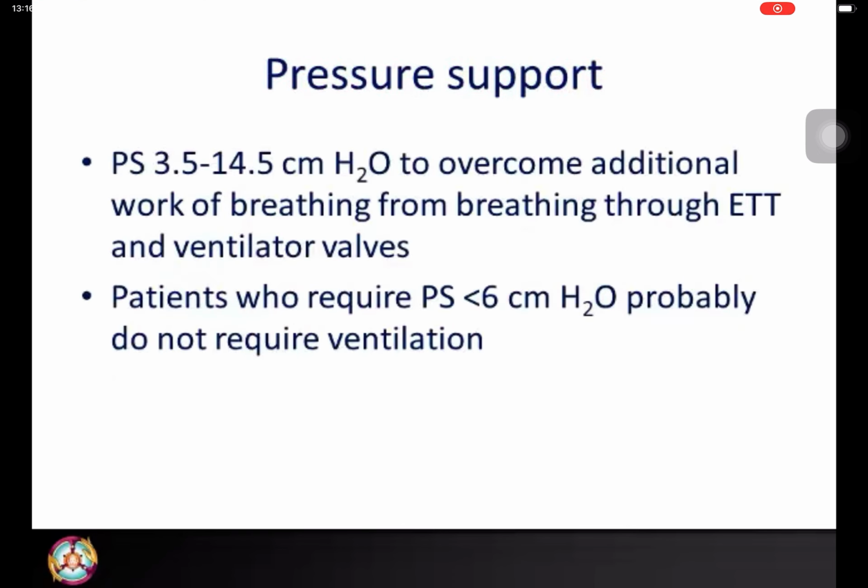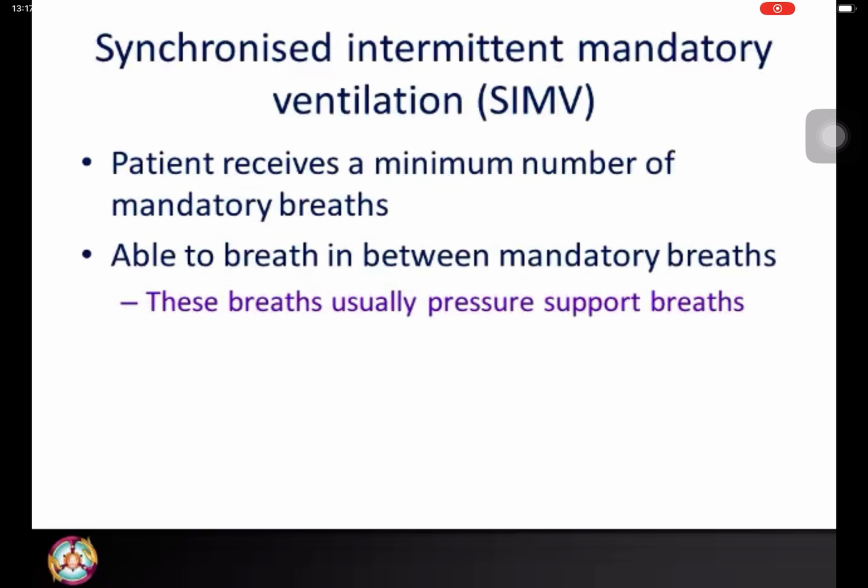Studies in a variety of patients using a variety of ventilators suggest that pressure support of 3.5 to 14.5 centimeters of water are required to overcome the additional work of breathing due to breathing through the endotracheal tube, ventilator tubing, and demand valve. Patients who require pressure support of less than 6 probably do not require ventilation.